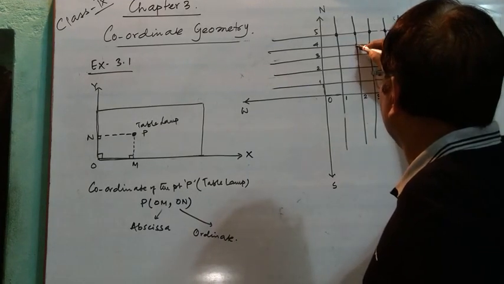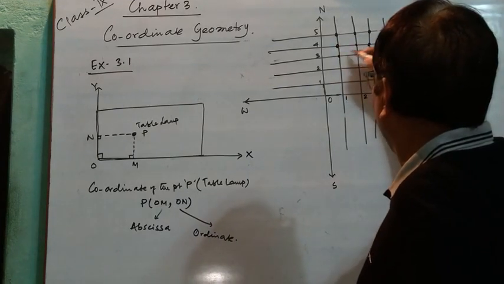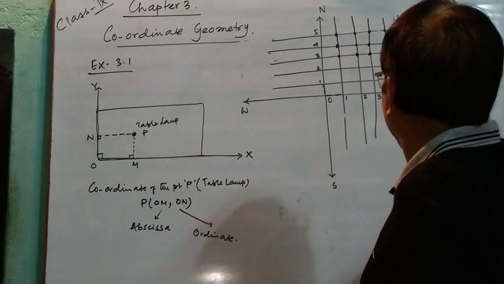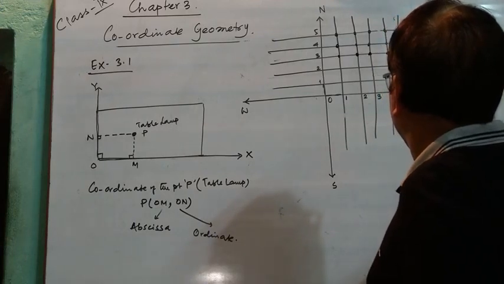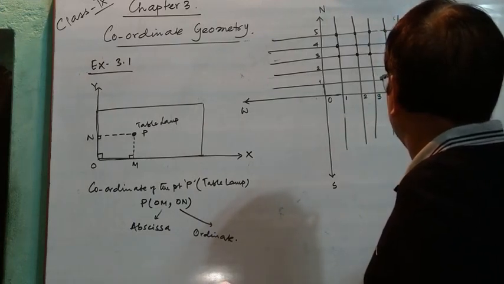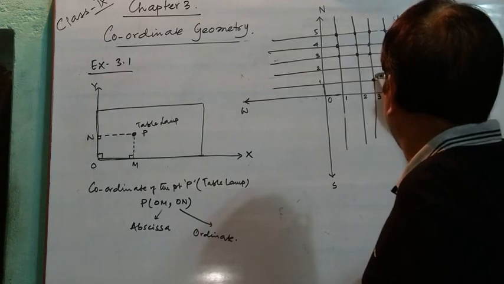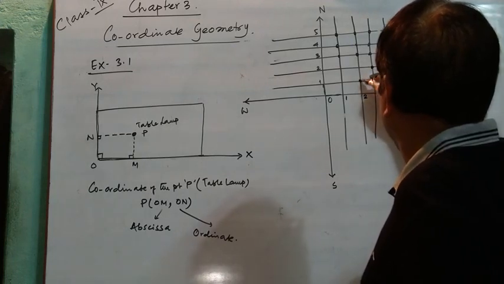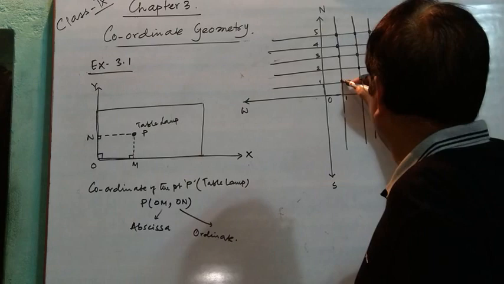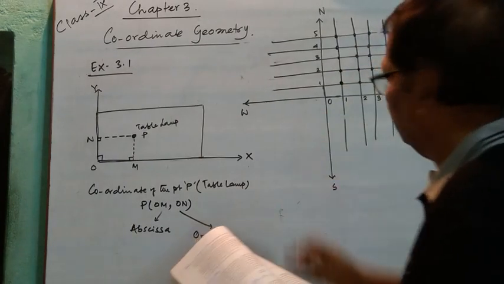A cross street is the point where two streets, one vertical and the second horizontal, intersect each other.